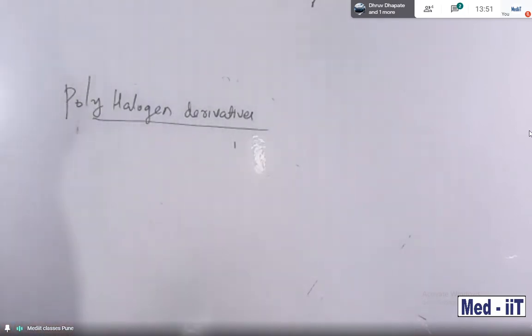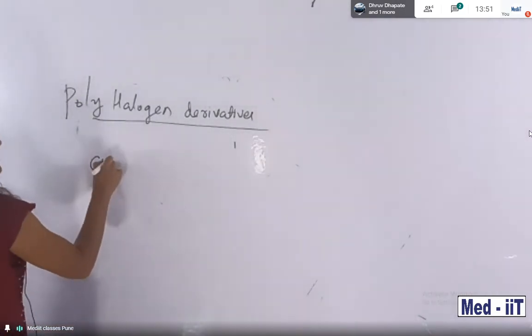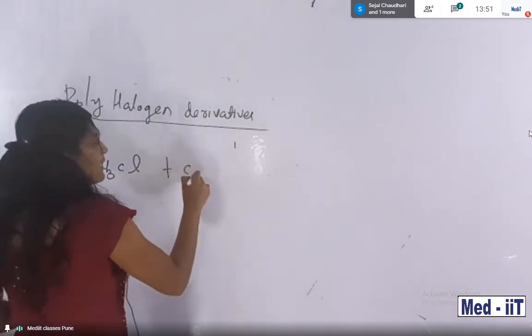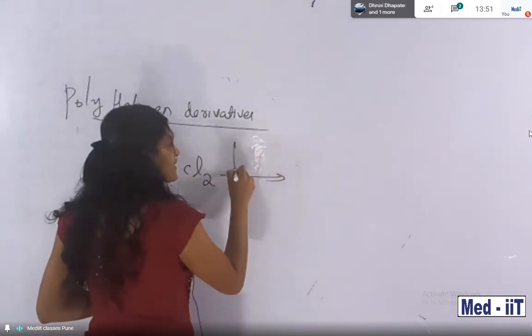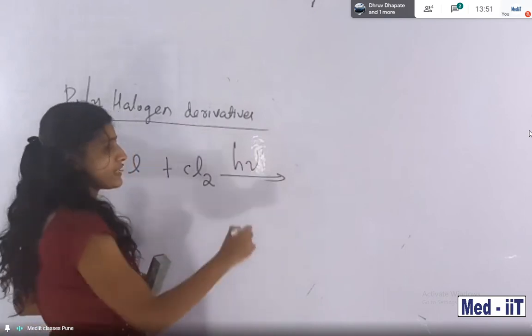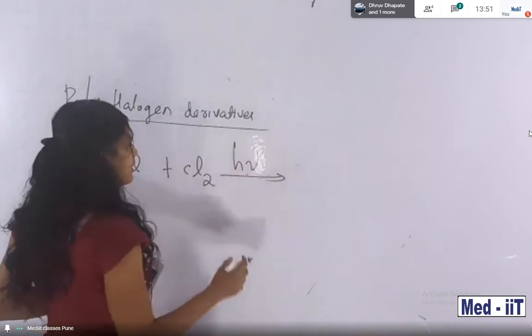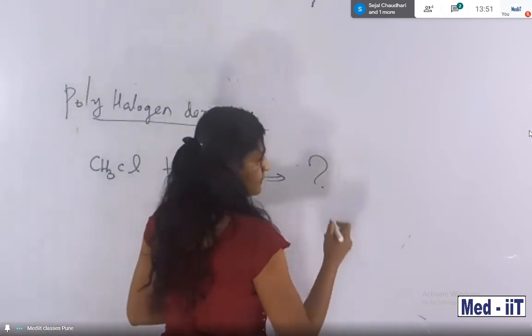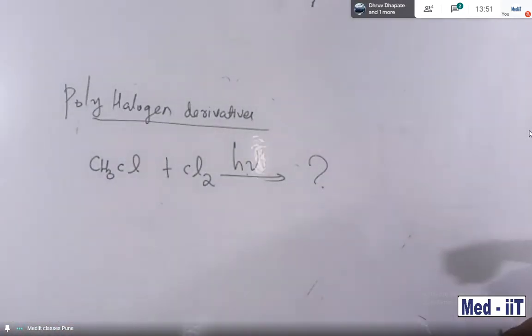The question is simple. CH3Cl is reacted with chlorine in the presence of hv. hv means light, a photochemical reaction. So what about the product?